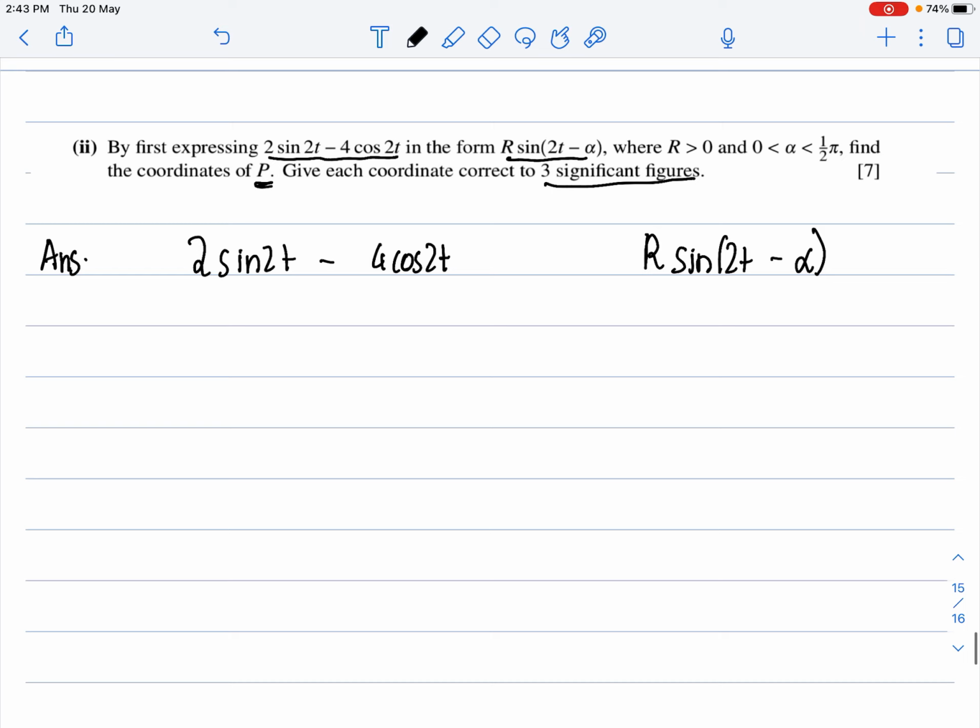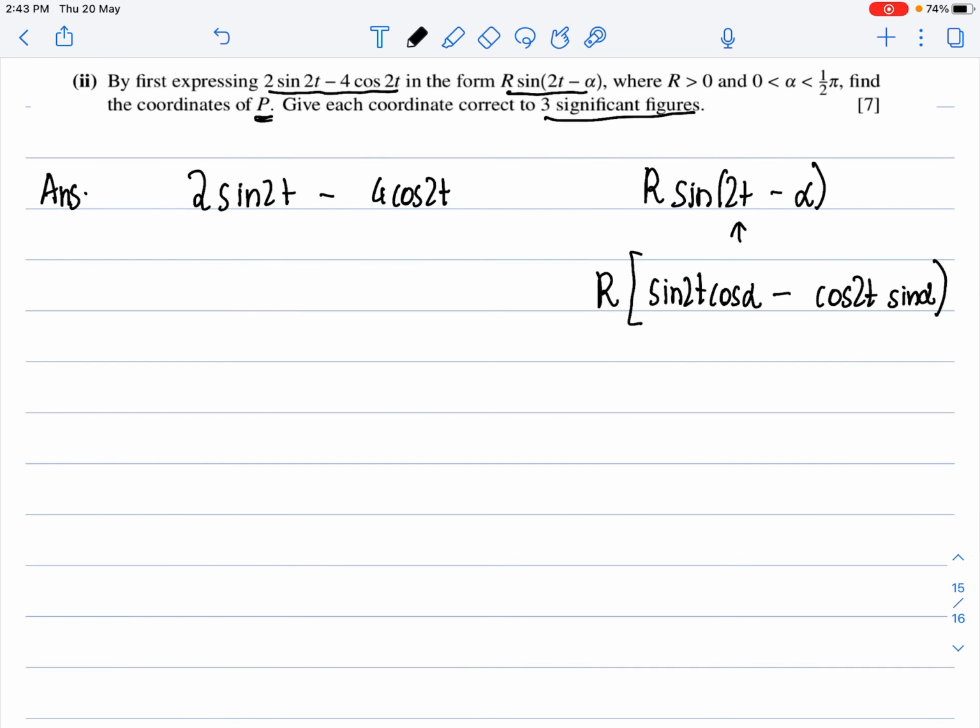Now if you see, this is the sine compound angle formula, which can be written as r into (sine 2t cos alpha minus cos 2t sine alpha). Agreed? The sine a minus b formula.